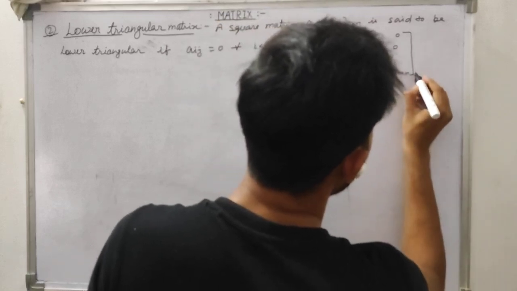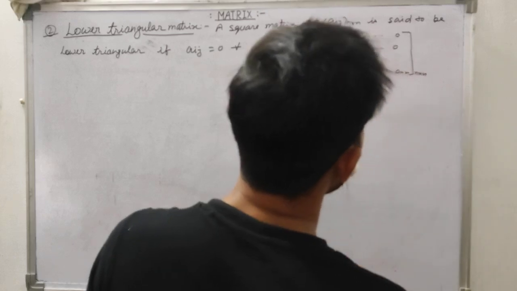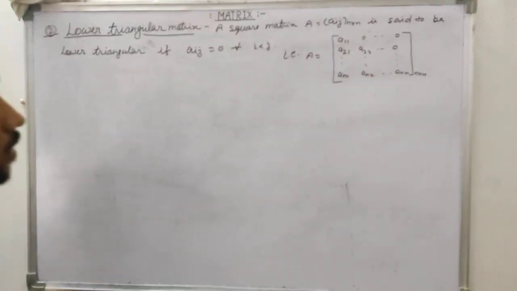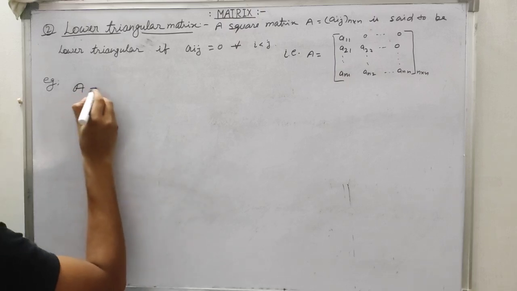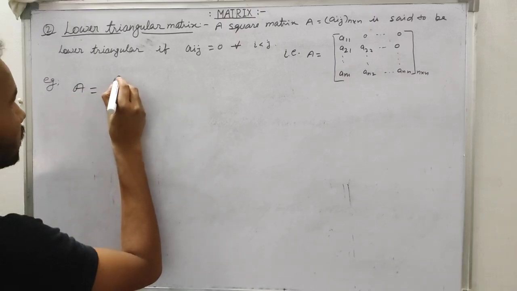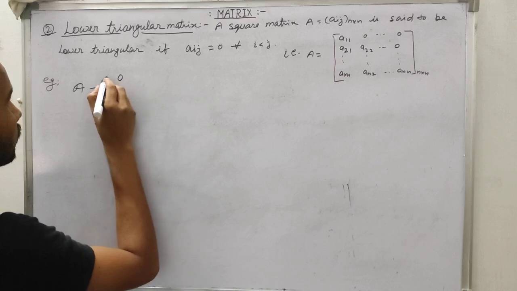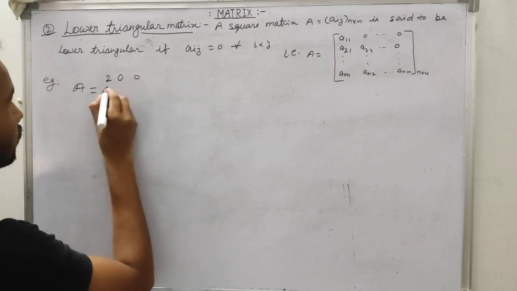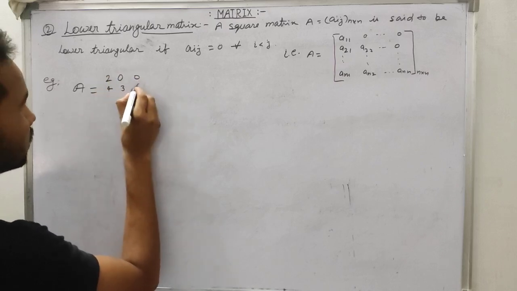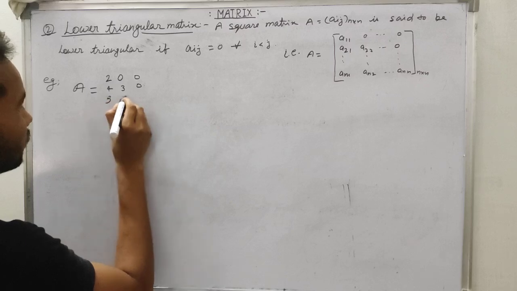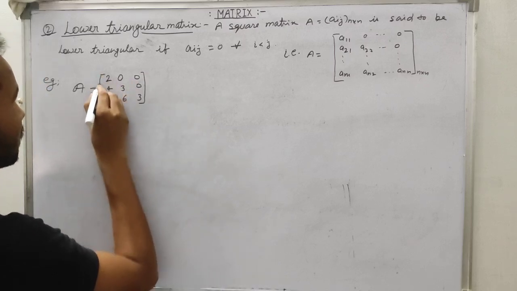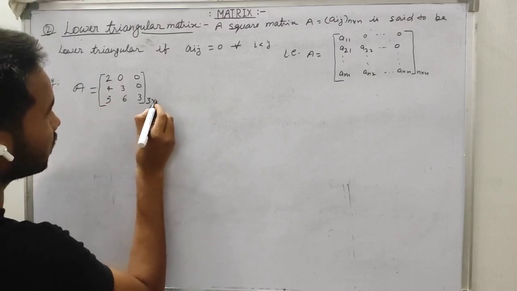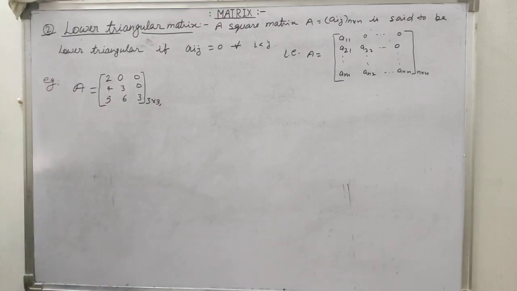This is an n cross n matrix. Example: E is equal to 2 0 0, 4 3 0, 5 6 3. This is a 3 cross 3 lower triangular matrix.